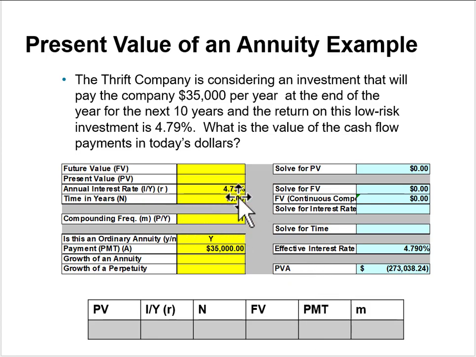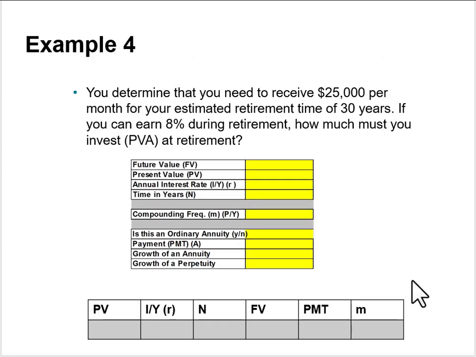Again, interest rate 4.79, time in years is 10. Now we're going to receive 35,000, so you now see this number is positive. That gives us $273,038 as the current value of this particular investment.